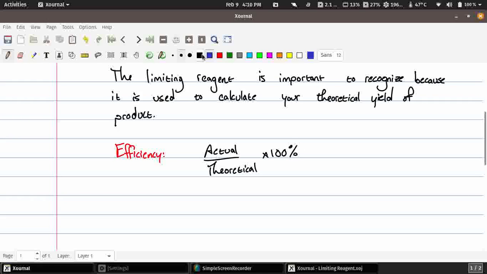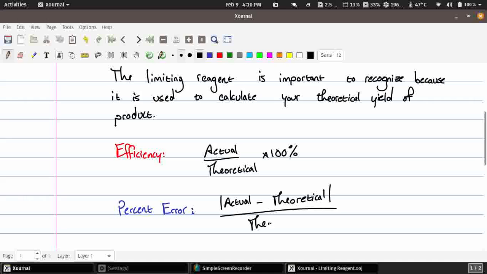And then your percent error is the same formula, which is the absolute value of actual minus theoretical over theoretical times 100%. We're going to be using both of these formulas when you do your lab.